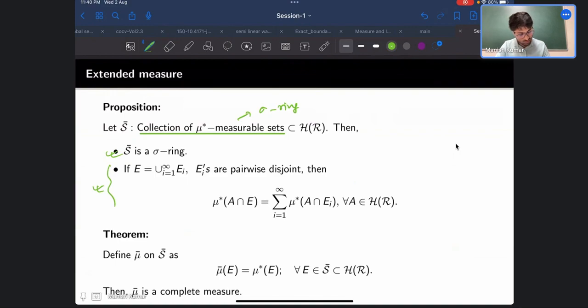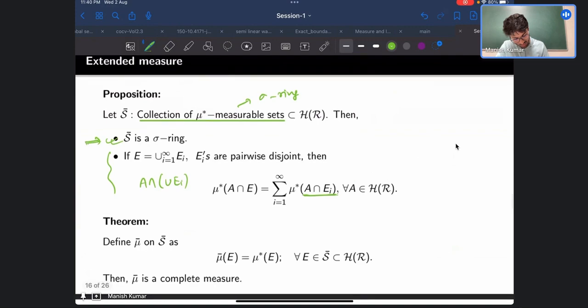It means that for whatever set A you choose, the outer measure of A intersected with the union of E_i's equals the sum of the outer measures of A intersection E_i. These two properties are there. For now we are just concerned about this one, that S bar is a sigma ring.